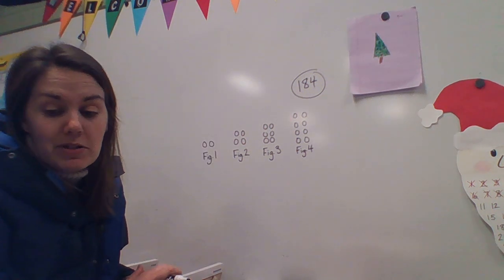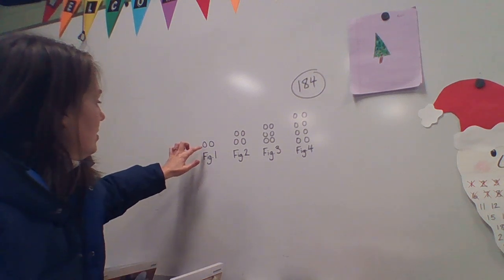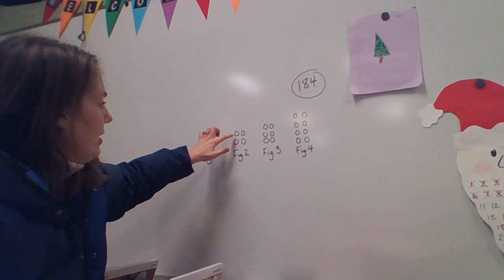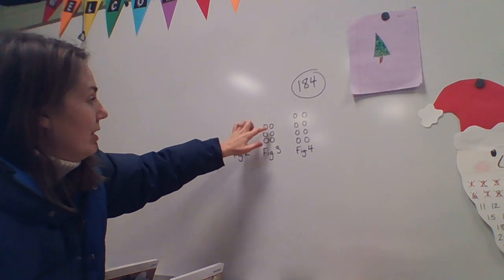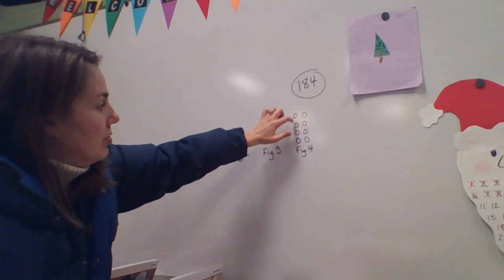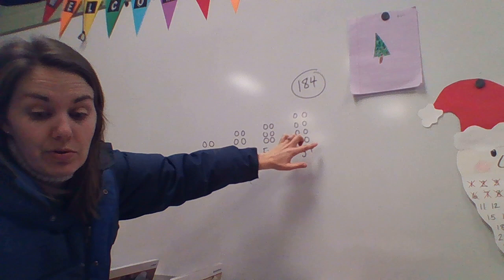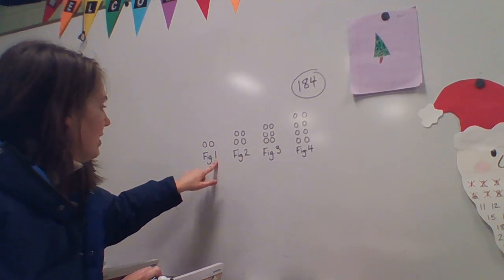Now the second part of this question says, describe how the total number of circles, so here we have 2, here we have 1, 2, 3, 4 total circles, here we have 1, 2, 3, 4, 5, 6 total circles, and here we have 1, 2, 3, 4, 5, 6, 7, 8 total circles, how that relates to the number of the figure.